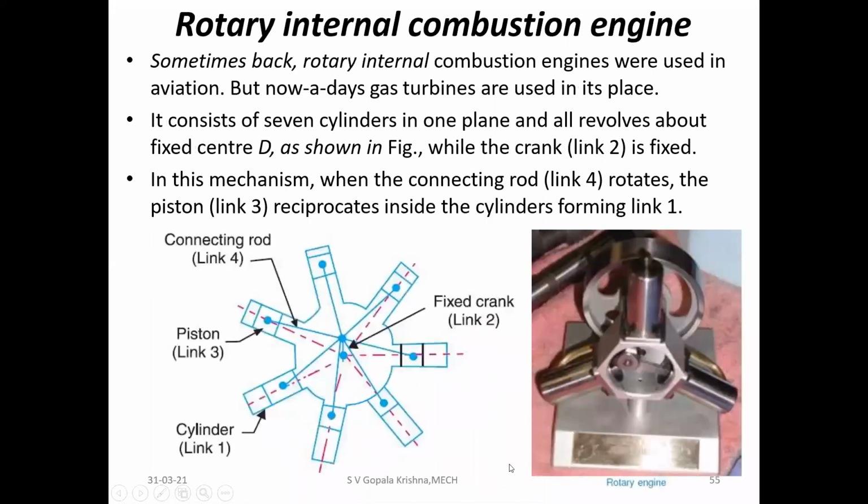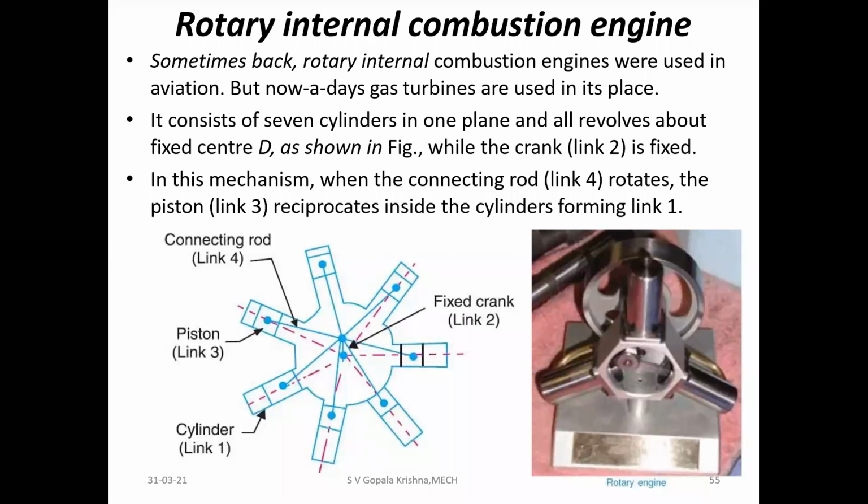Just observe. And the third inversion is the rotary internal combustion engine. When we take the rotary internal combustion engine, this is our radial engine. What is the arrangement here? Do you know where we generally see radial engines?